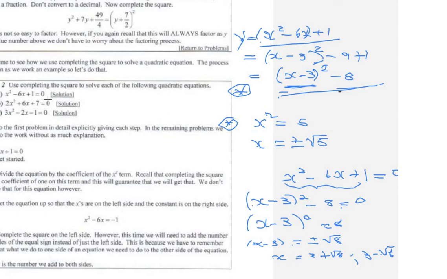Now, this is a quadratic equation. So this is an expression, this is an equation, a quadratic equation. So we can solve that by rewriting and using the square root property to find solutions. The others that we did previously, we could only solve when we had factors.